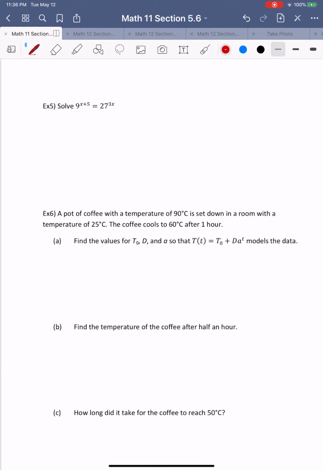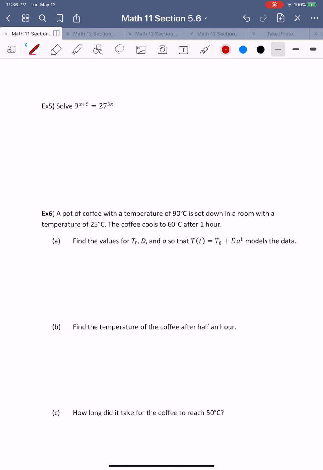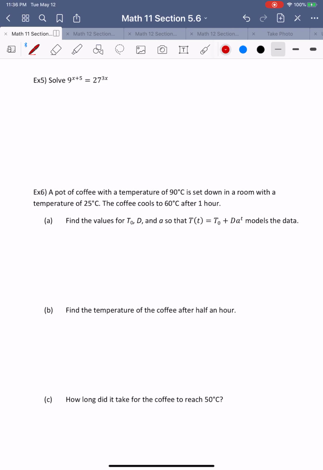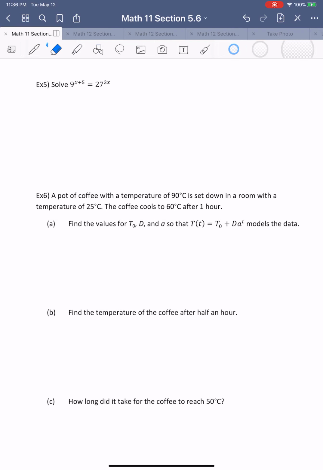All right, next page. Now we are solving this equation. Of course, you can use ln on both sides, but this time what I see is I can change the bases 9 and 27 to 3. So 9 is 3 squared, to the x plus 5 power, and 27 is 3 cubed, to the 3x.